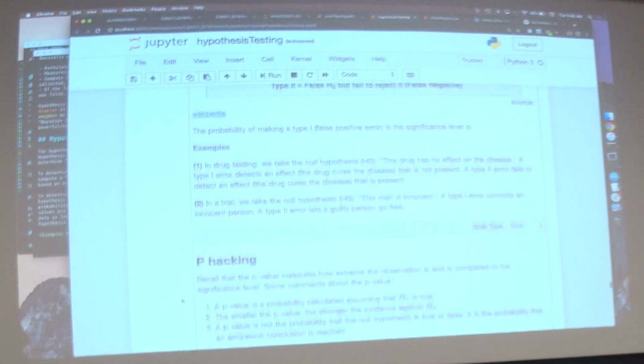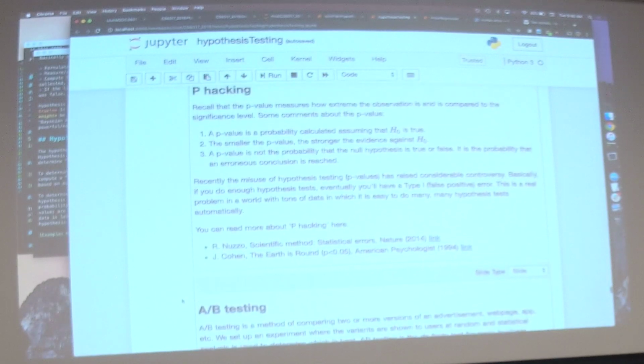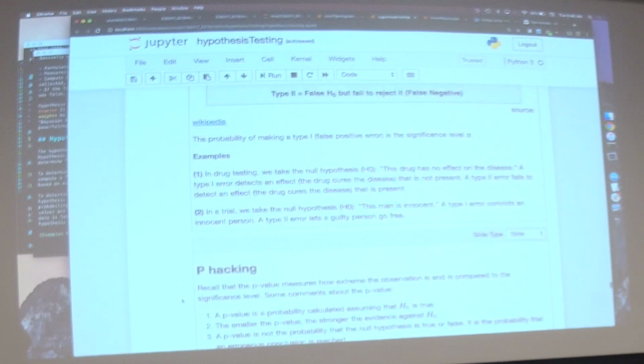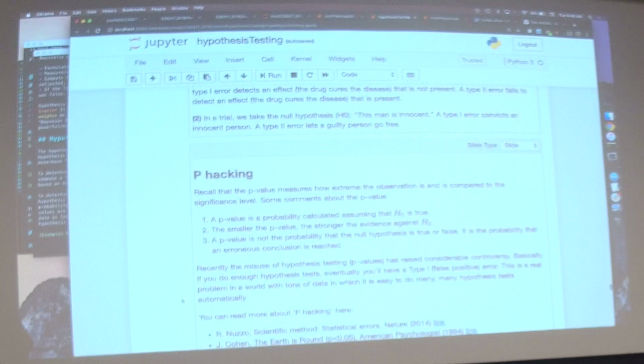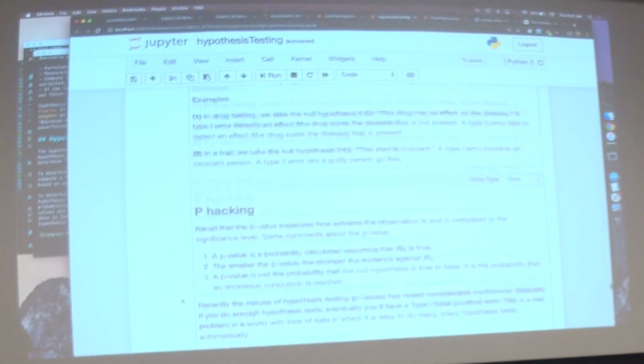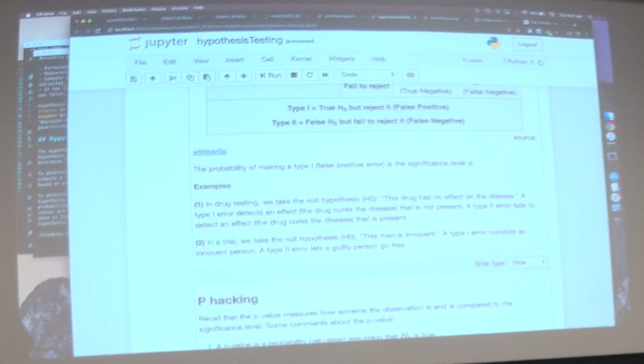We'll look at one more example here. Well, there are a couple. If you work in the pharmaceutical industry, your null hypothesis that you want to reject is my drug doesn't work, right?